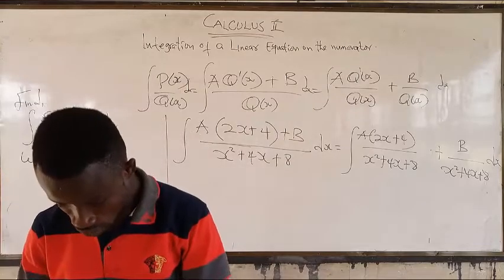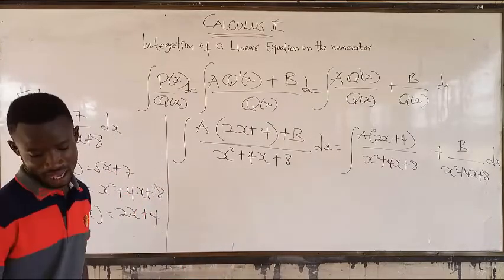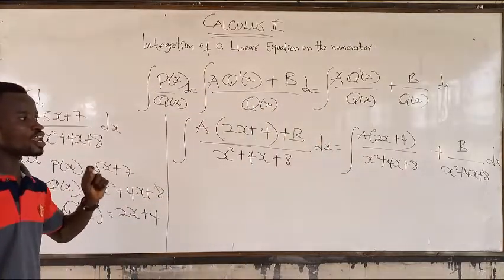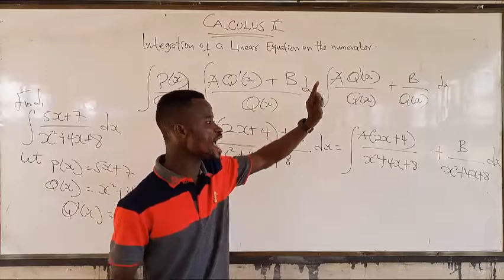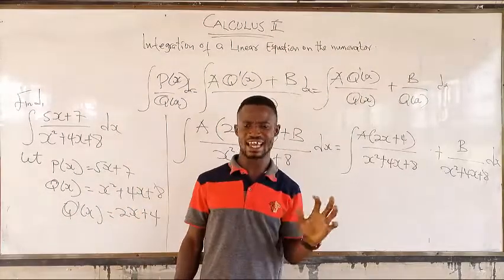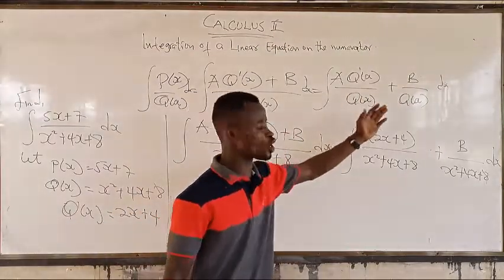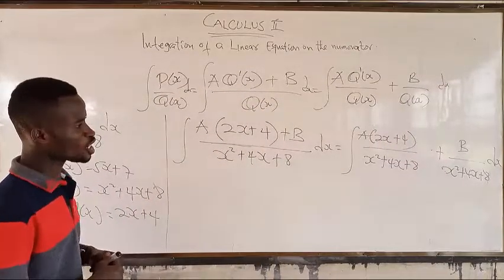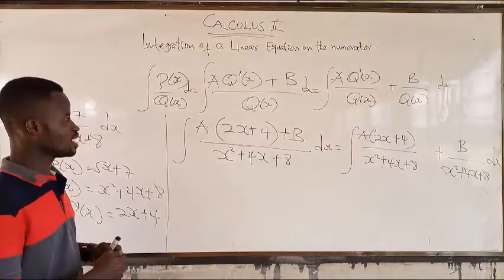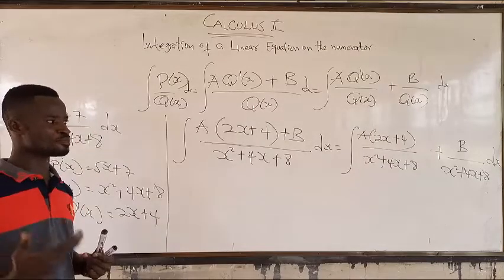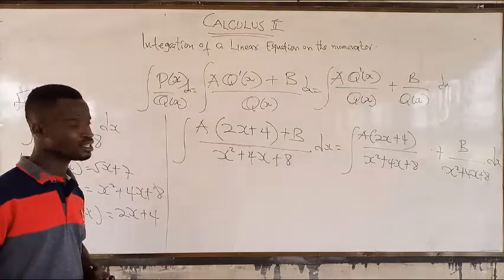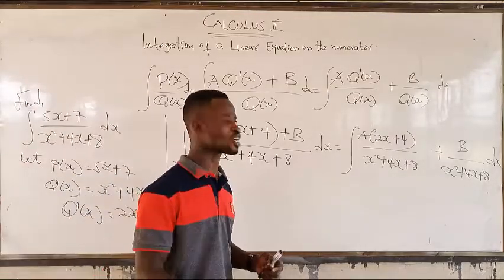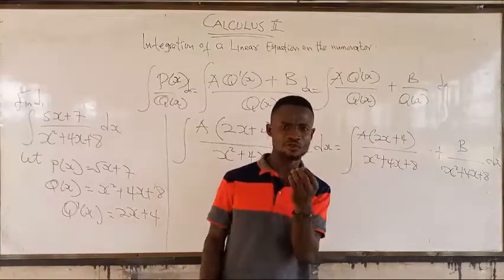Very good. So from where we are, for us to integrate this, we need to go and look for A and B. Before you can take the integration, you have to go and look for the constants A and B. And that is interesting because we need to apply our idea of partial fractions, because what we are having here is in the form of a partial fraction.